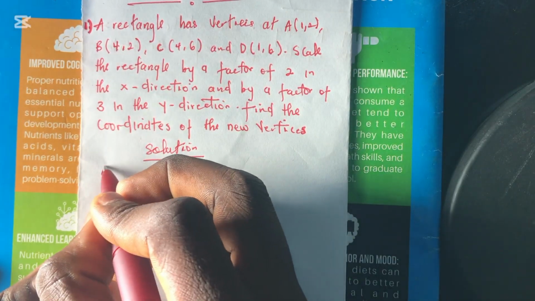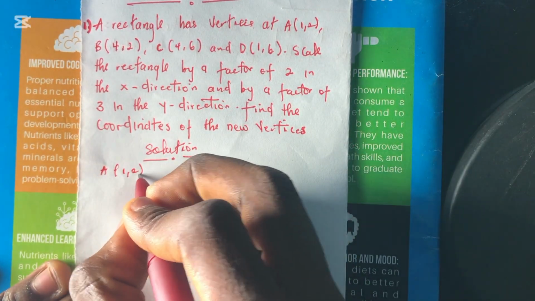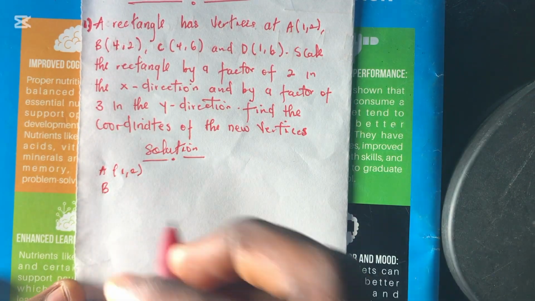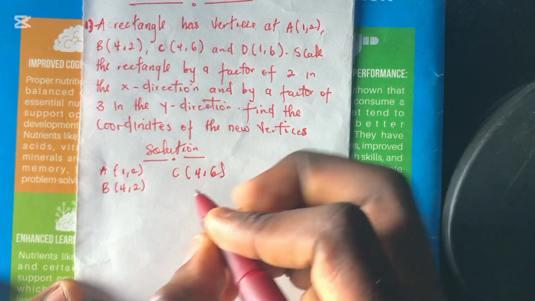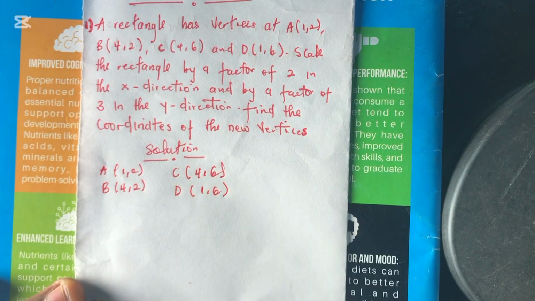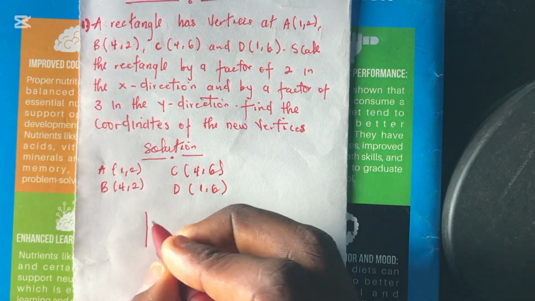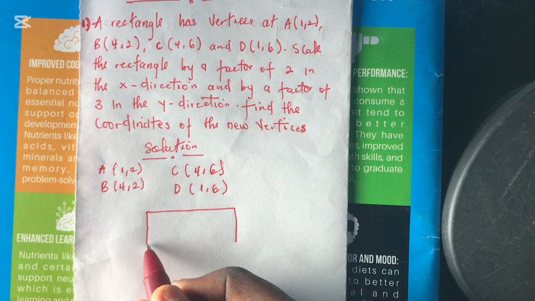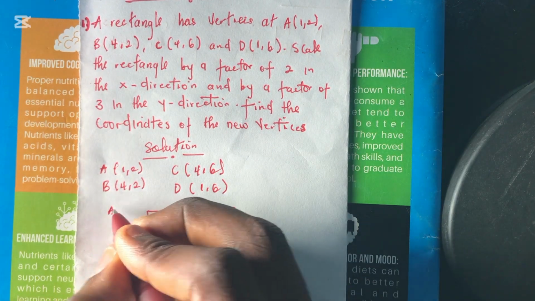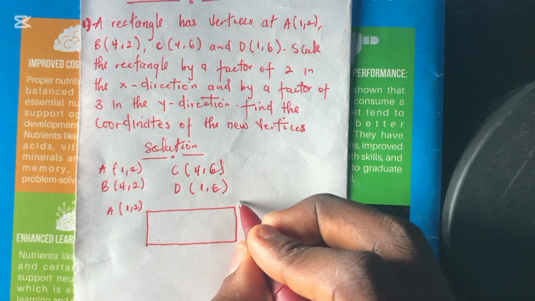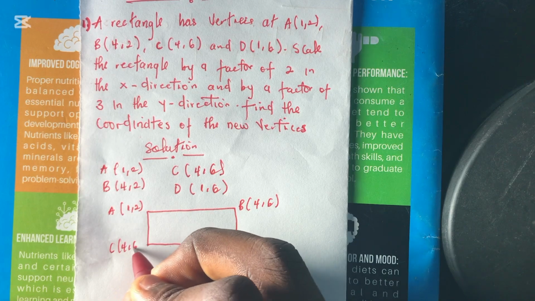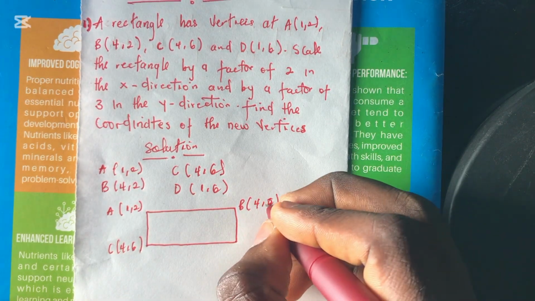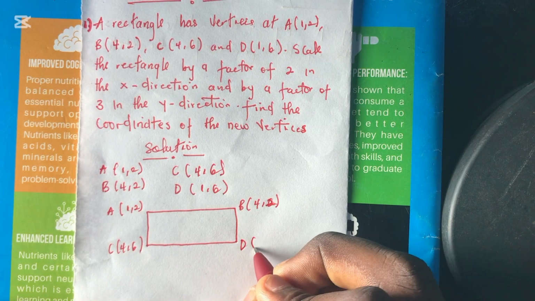Point A is given as (1, 2), point B is (4, 2), point C is (4, 6), and point D is (1, 6). Since they mentioned a rectangle, we can assume the shape is in 2 dimensions.